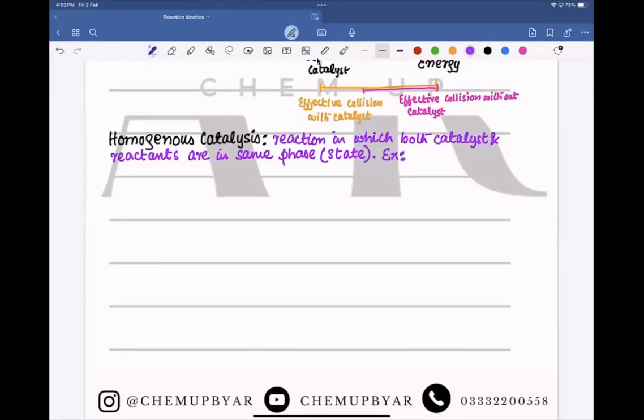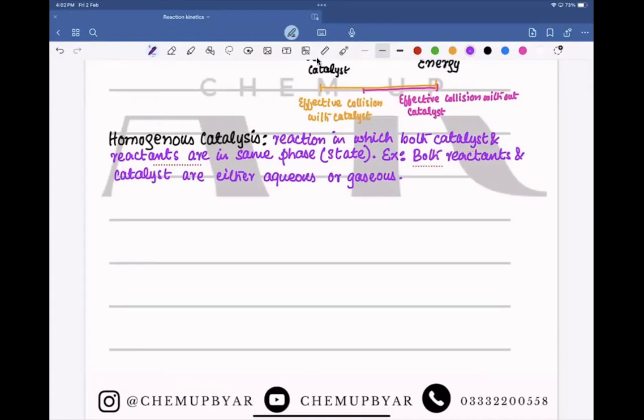Example: both reactants and catalyst are either aqueous or gaseous. If the reactant is gaseous, then the catalyst must be gaseous.